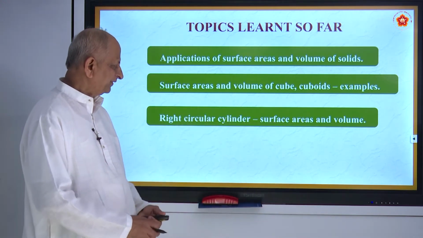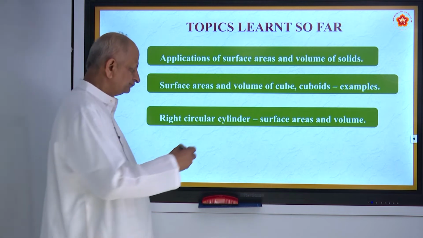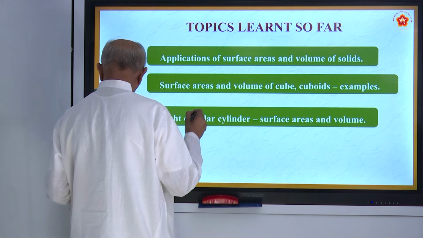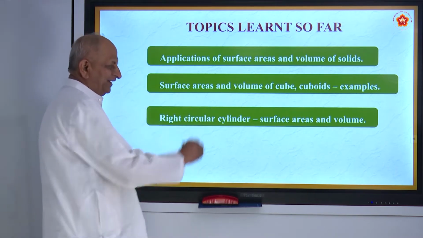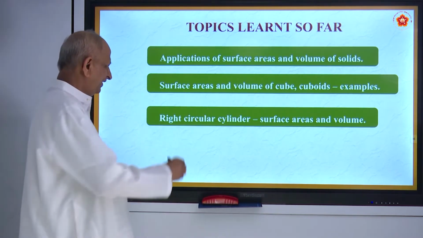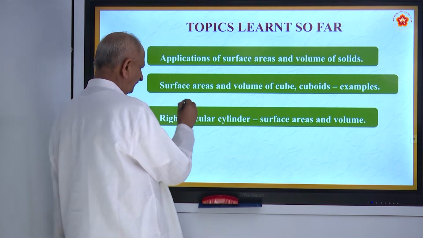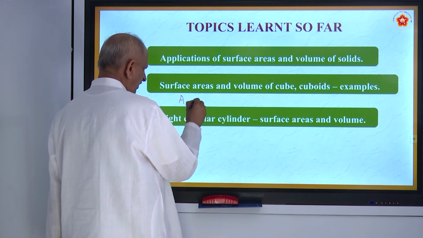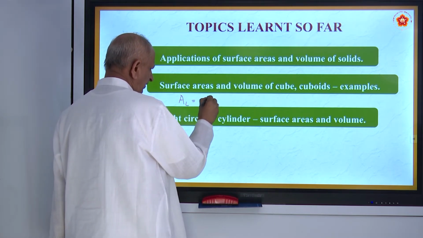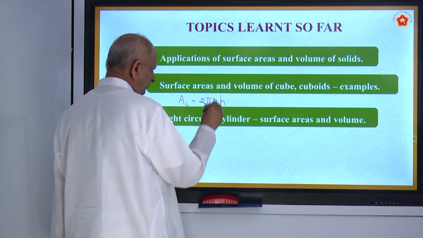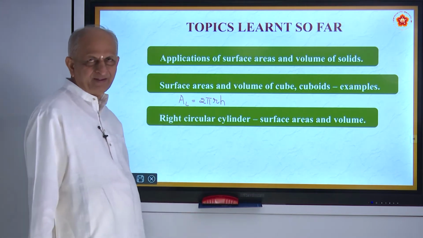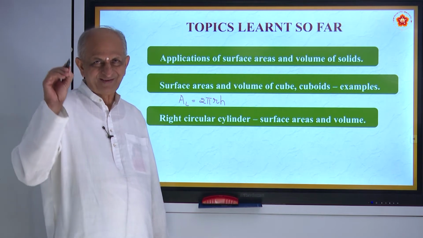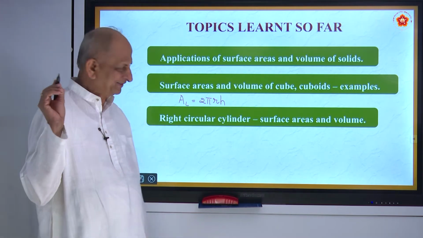What is the formula for surface area of a cylinder? The curved surface area is 2 pi RH. We have seen in the previous class it has two surface areas. One is called lateral surface area given by the formula 2 pi RH. What is pi? The approximate value is 22/7. What is R? Radius. What is H? Height.